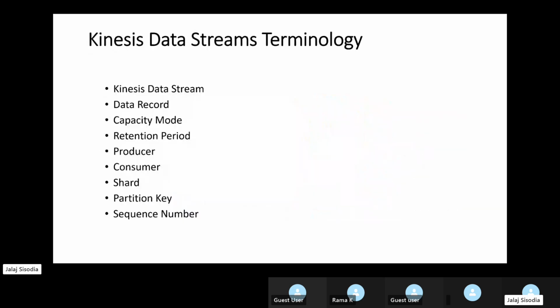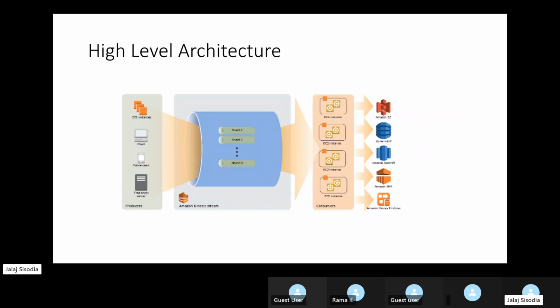Then we have capacity mode. As DynamoDB has two capacity modes, provisioned and on-demand, here also we have two capacity modes.